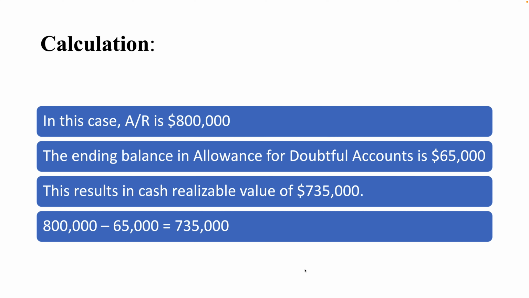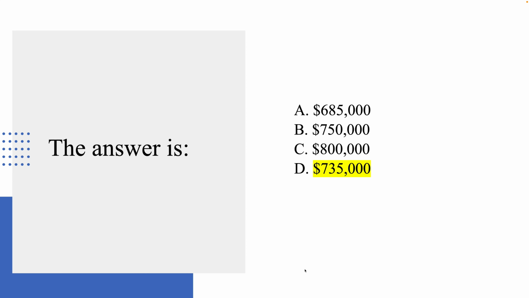So in this case, accounts receivable is 800,000 and the ending balance in allowance for doubtful accounts is 65,000. This results in a cash realizable value of 800,000 minus 65,000, which is equal to 735,000. So the answer is D.